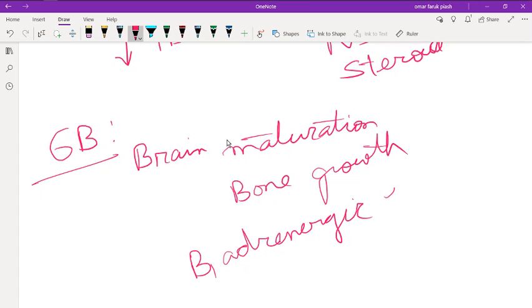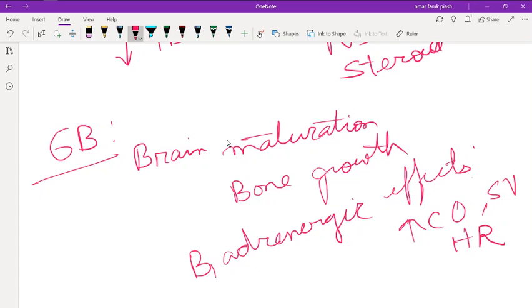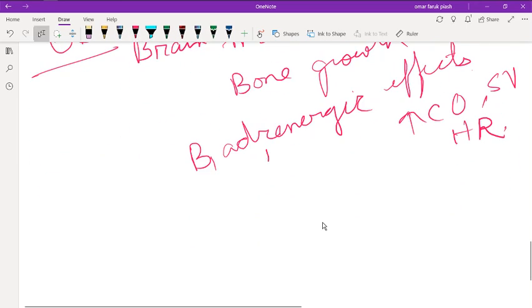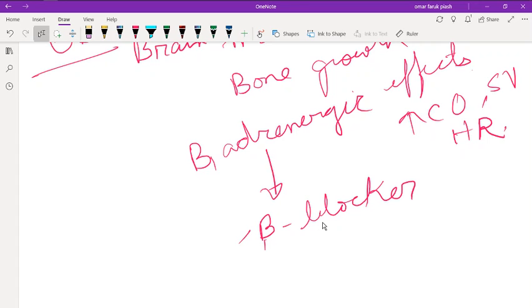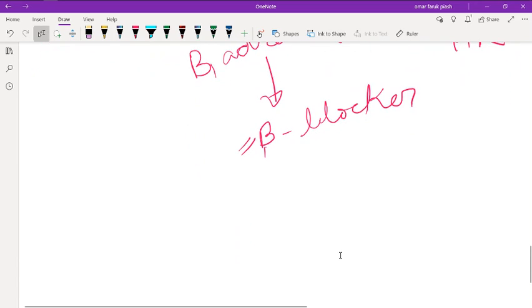That's why there is increased cardiac output, stroke volume and heart rate. And for this reason we use beta blockers to stop those side effects. In case of hyperthyroidism, we actually prefer propranolol for this.